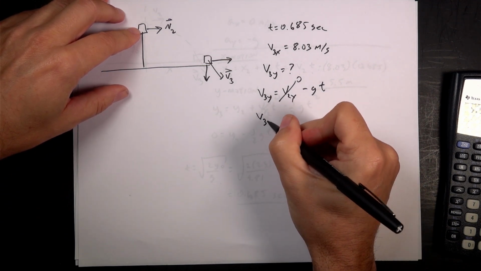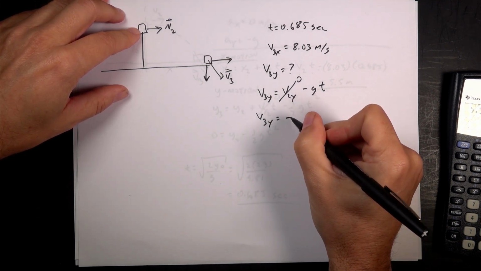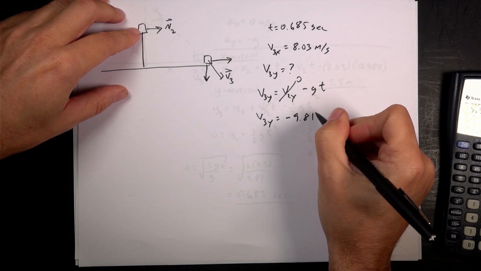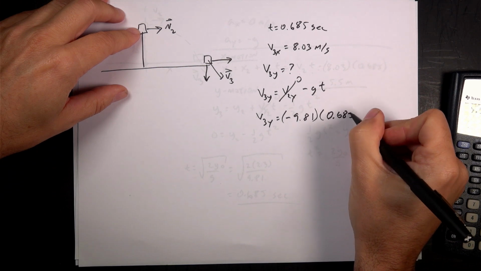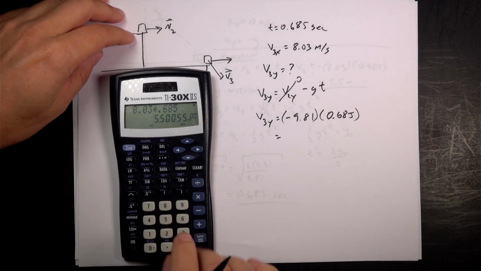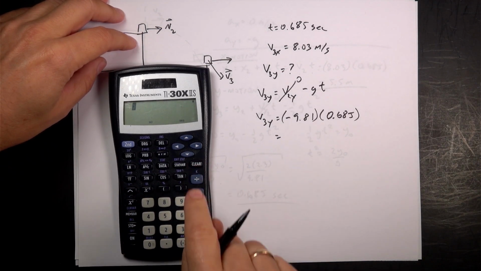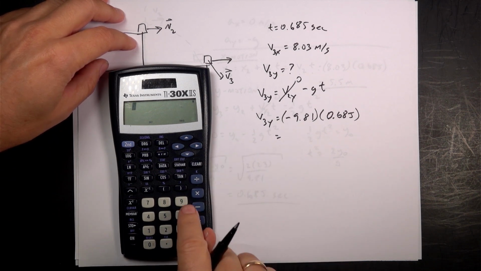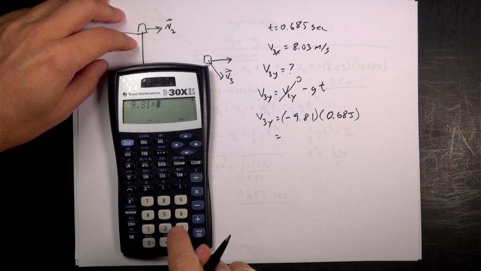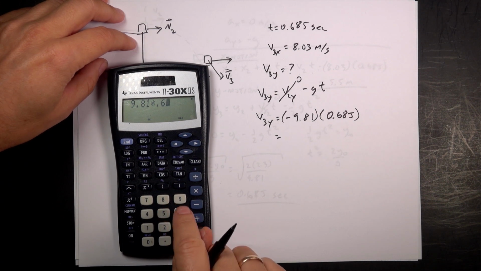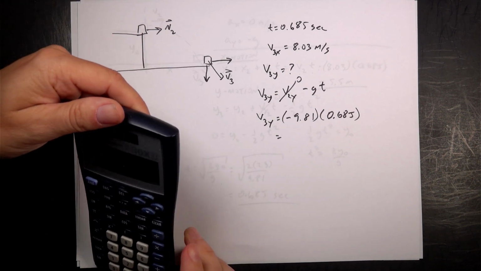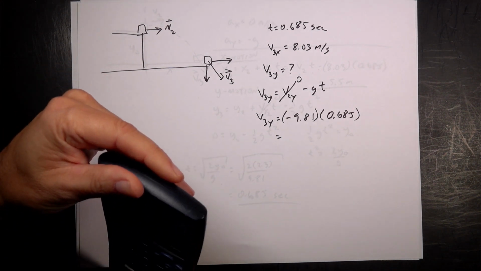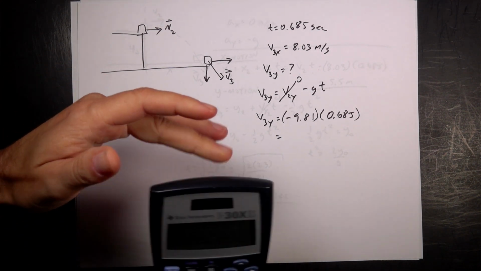So v3y is going to be negative 9.81 times 0.685. Clear, 9.81 times 0.685 equals. I get 6.72 meters per second.